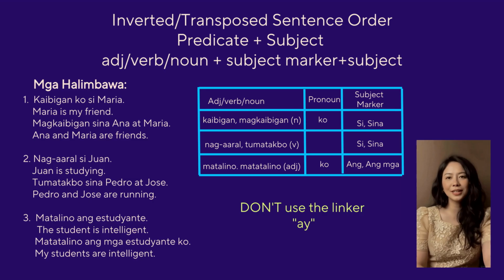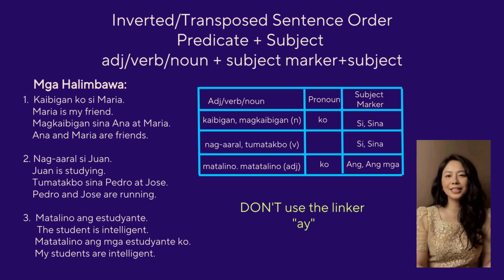Another example, for the plural form, magkaibigan sina Ana at Maria. Magkaibigan is our noun here, and then sina as our subject marker, and Ana at Maria are our subjects. Number 2, nag-aaral si Juan.